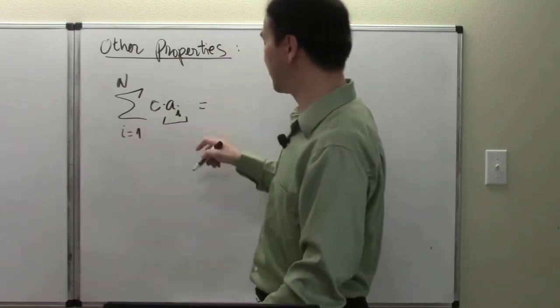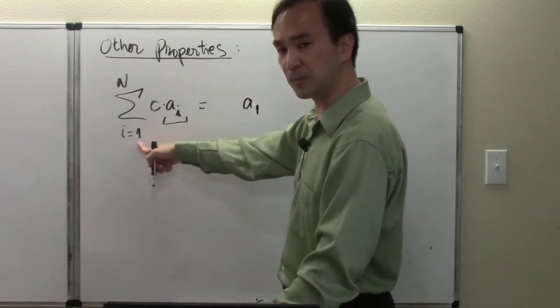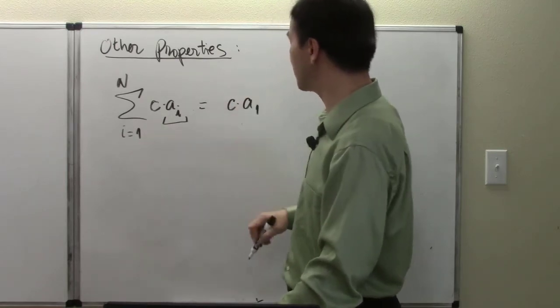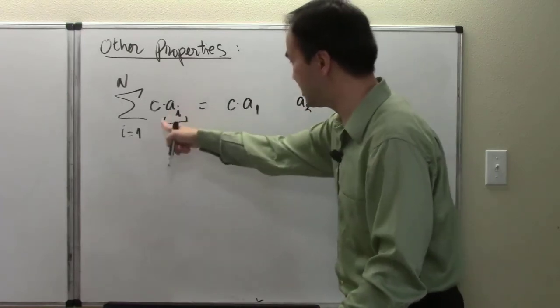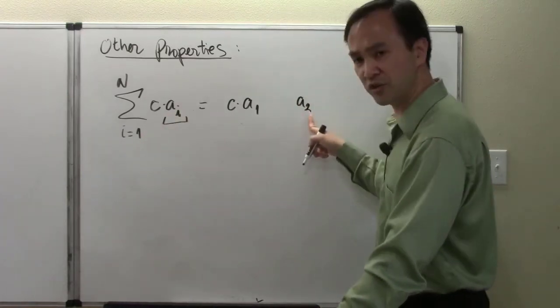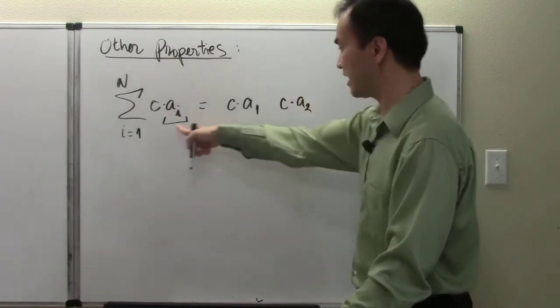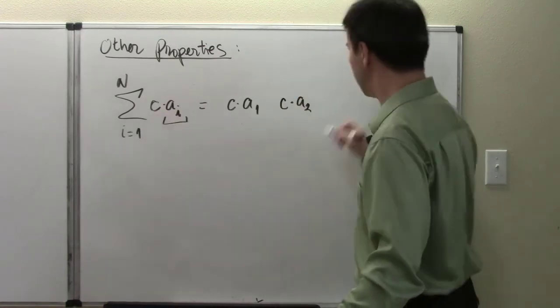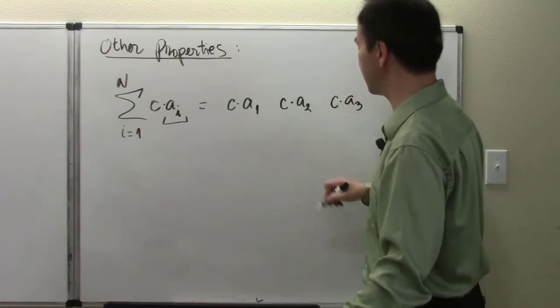So in other words, here's how I'm writing it. a1 is the term value at the first position, but multiplied with coefficient c. a2 is the value of the term at the second position, i equals 2, but it's multiplied with a c, because that's what it says right there. And then a3, whatever the term value is, but we multiply with c again, and it's a summation.